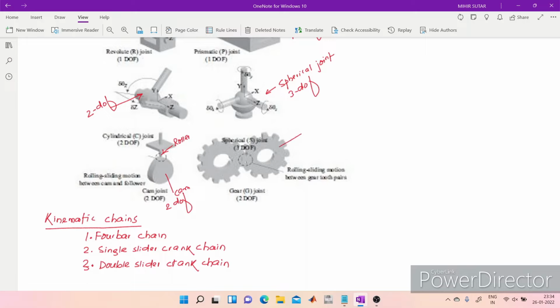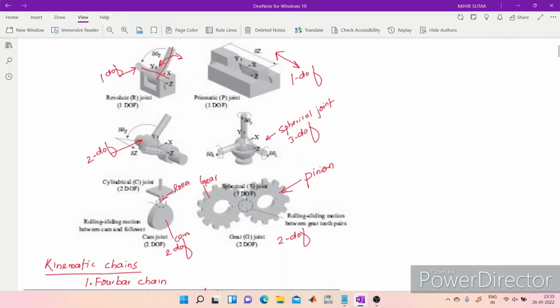And if we consider 2 gears in mesh, let's say this is a pinion and this is a gear, and they are in mesh with each other, in this case they will have 2 degrees of freedom. These are the basic examples we come across during our day-to-day life. That's why I thought I should discuss these joints with you.